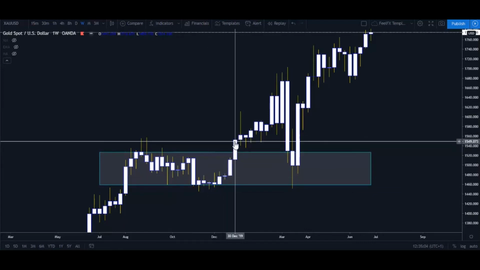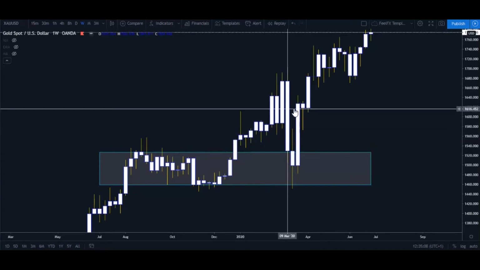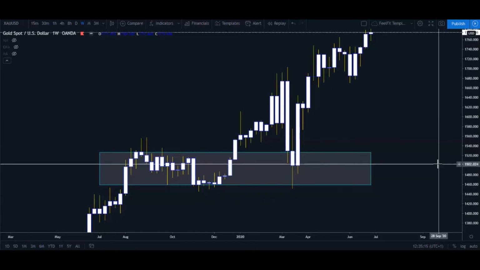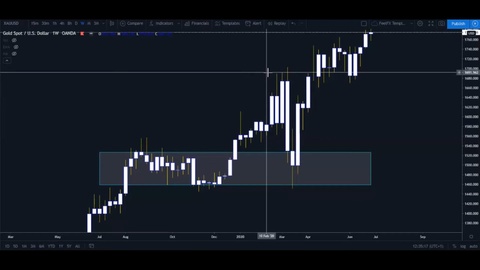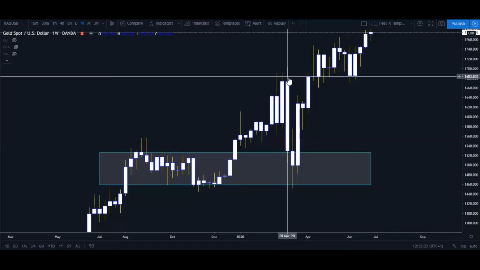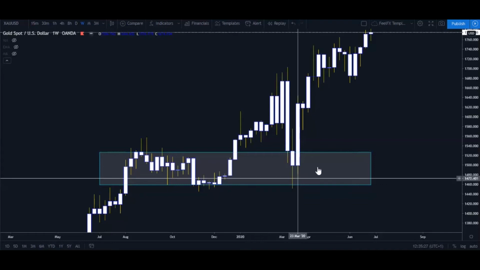Price started to drift higher, and then we started generating a block of candles, which means that maybe institutions are starting to take out their money. We can clearly understand it from the fact that we reached the highs around 1690, we pierced 1700s, and then we slammed back to the downside, coming back to retest 1450.